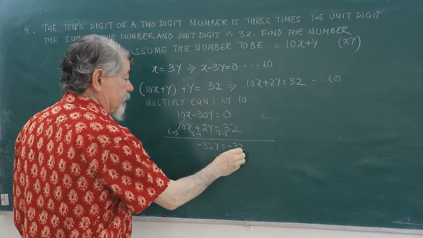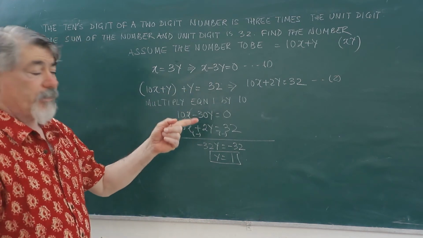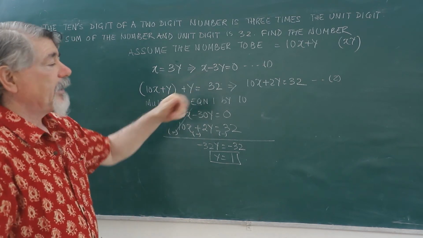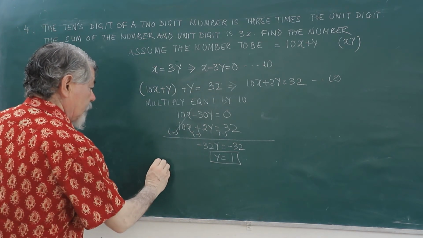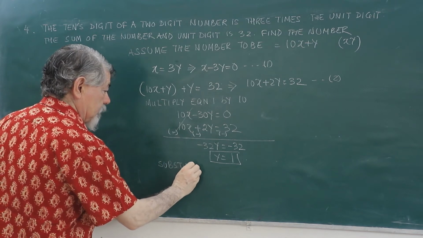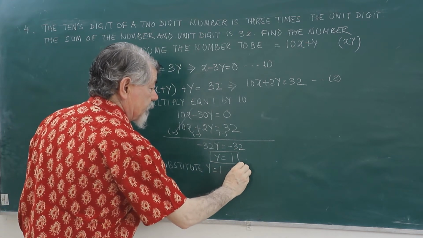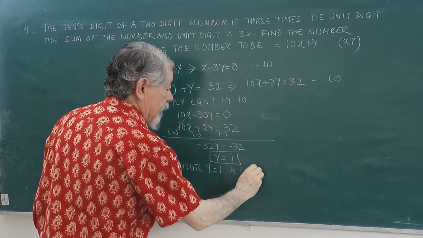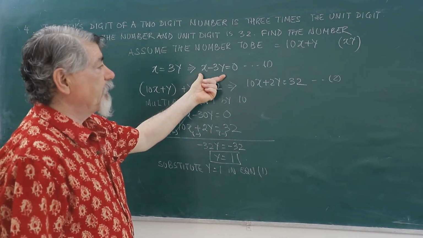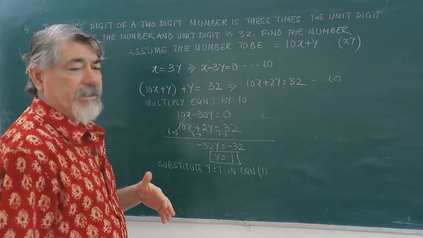The value of y comes out to be 1. So we have obtained the unit digit of the number, which is y. Now let us substitute y is equal to 1 in equation 1. I could put it in equation 2 also, but equation 1 seems simpler. So you substitute where you have to do less calculation.